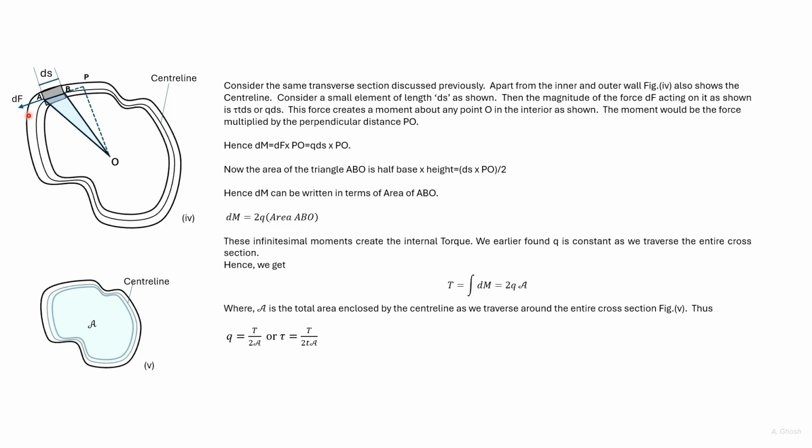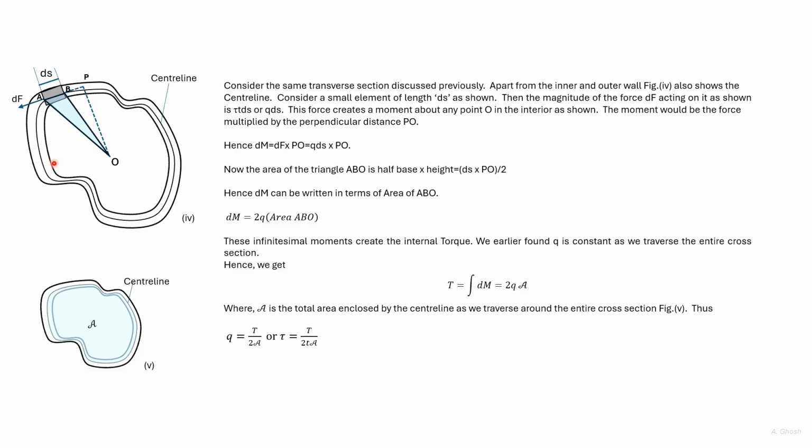Let us consider a small element adjacent to the element given here. It will also cause a small force about point O. The small force will create a moment which will be given as 2q into the area swept by the arc corresponding to that force.